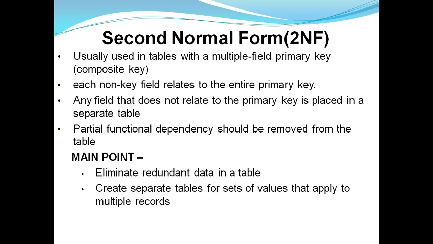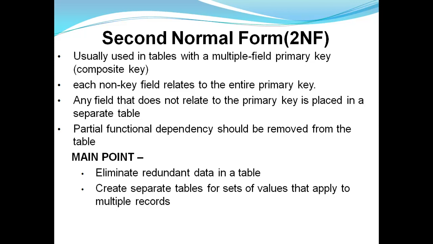What do you mean by the non-key field? The columns which are not a part of the primary key are called non-key fields. Clear? So each non-key field must depend on the entire primary key. Here the important word is entire.